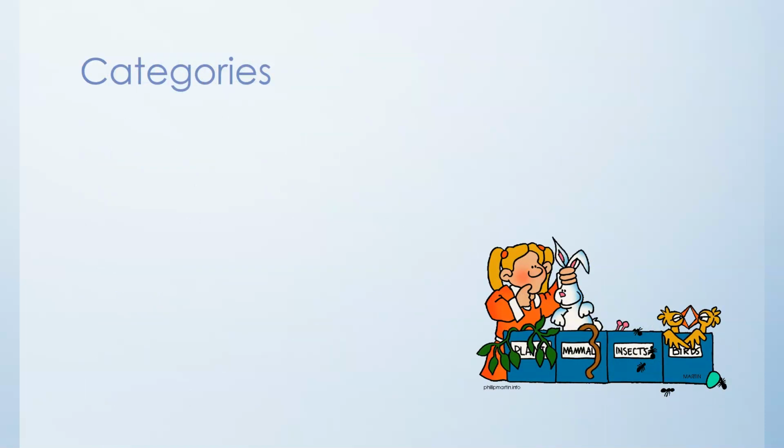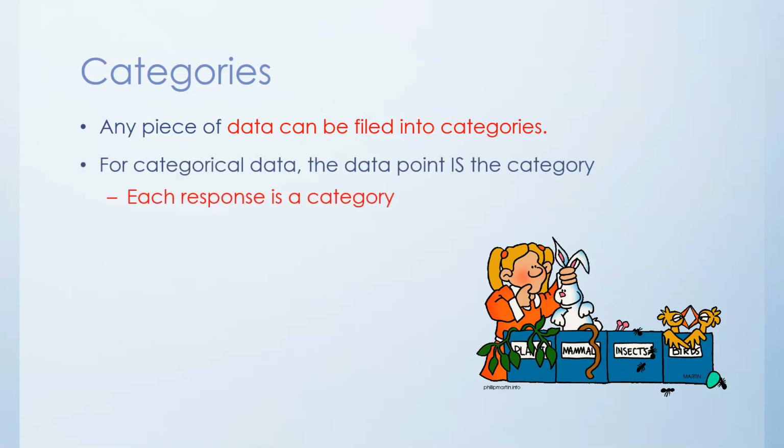When we talk about qualitative data, but also quantitative data, one of the big things we do, especially when we can construct graphs, is we put that data into categories. Now this is more natural to qualitative data because each data point is the category.